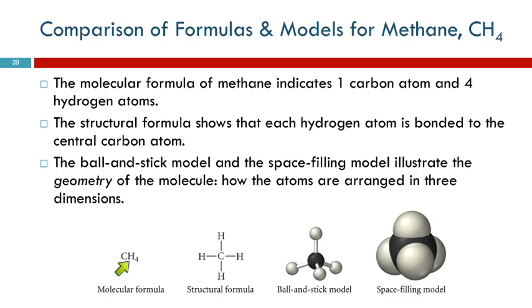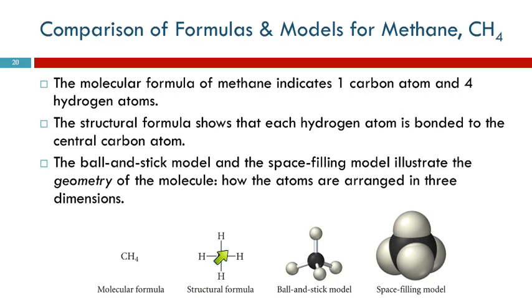So here's the molecular formula. This tells us that there's one carbon atom and 4 hydrogen atoms in a molecule. For this compound, the empirical formula, the ratio, is the same. 1 to 4 cannot be made any simpler. The structural formula tells us how those are connected.